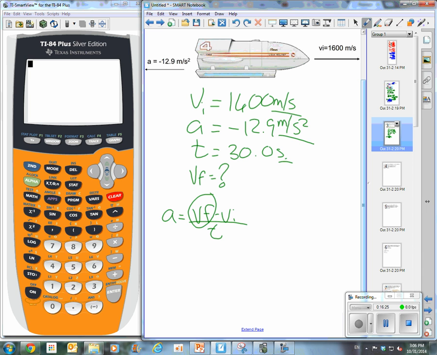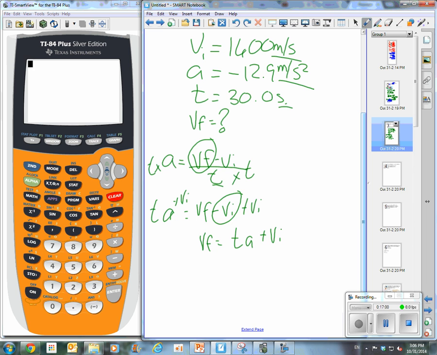In order to get t out from under here, I need to multiply both sides by t. So I get t multiplied by a equals vf minus vi. In order to get vi away, I need to add vi to both sides. So I end up getting the final velocity is equal to time times acceleration plus the initial velocity.